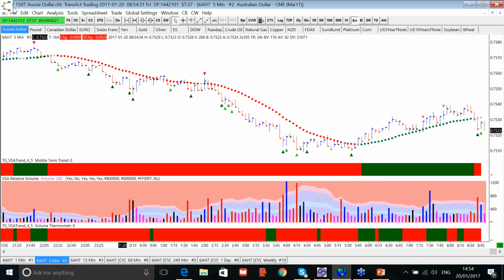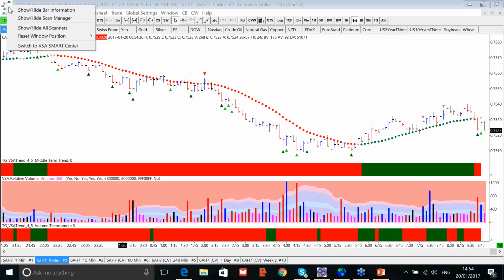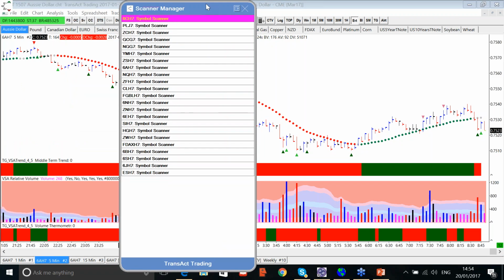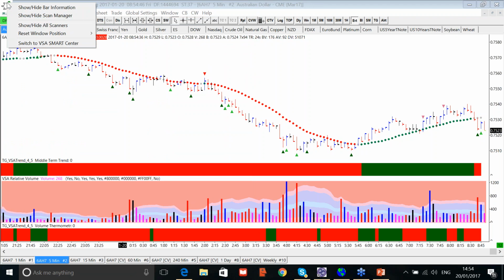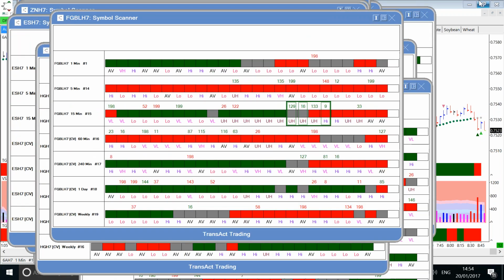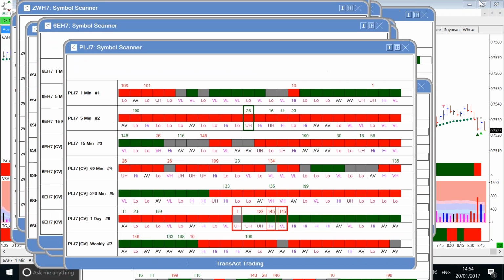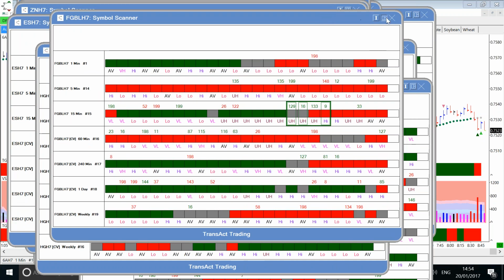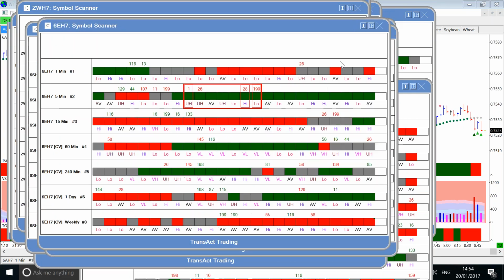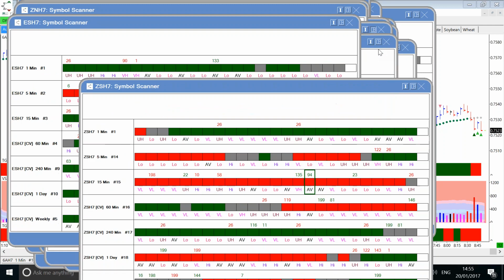Just to make life a bit easier, I'm going to switch to the scanner manager. Here we can see the scanner manager. That's now brought up all the scanners that scan the various instruments, and we're going to look through them. I'm not going to bother with the ones I don't trade, like copper and stuff. We'll just get rid of those for the moment.